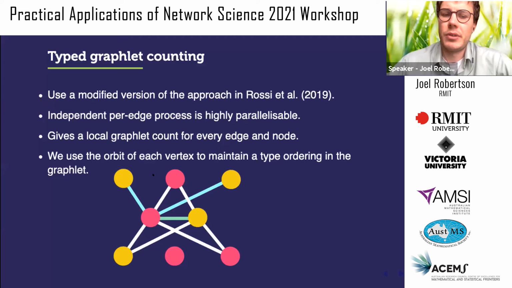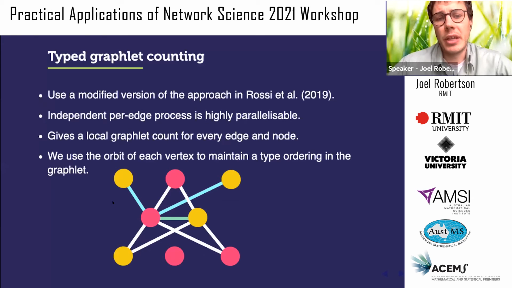So for instance, in this three path here, we want to know if this is a non-coding or a coding transcript, because it's structurally different to if the non-coding transcript was on the edge of that graphlet. So we use the orbit of each vertex to maintain type ordering as we are counting the graphlet.